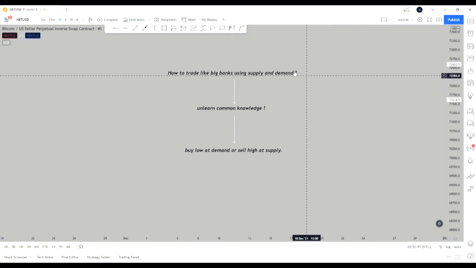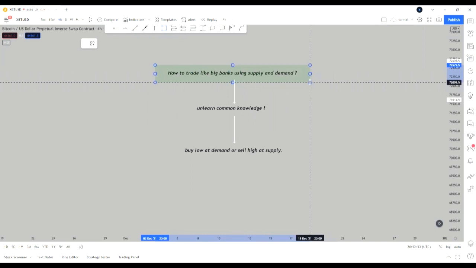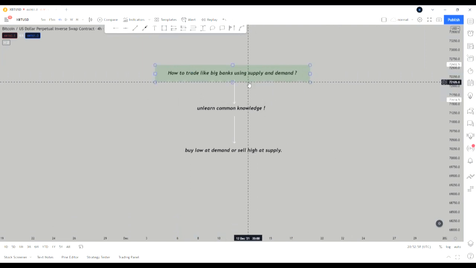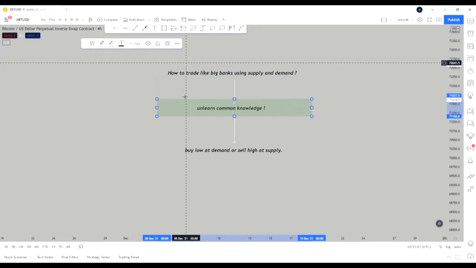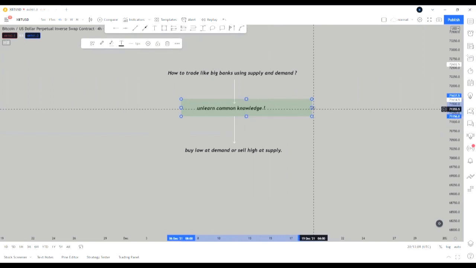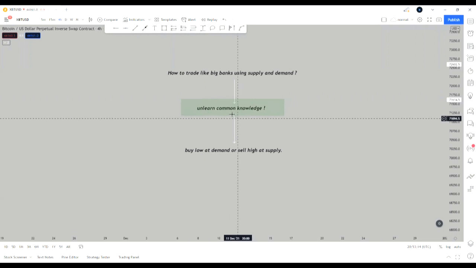To basically trade like them, we have to unlearn everything that we have learned. I will show that in a bit. We have to unlearn the common knowledge that we get passed by other traders online, other people we get to know in our trading journeys.